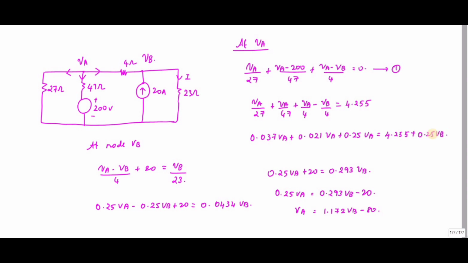Adding them, 0.308 VA is equal to 4.255 plus 0.25 VB.